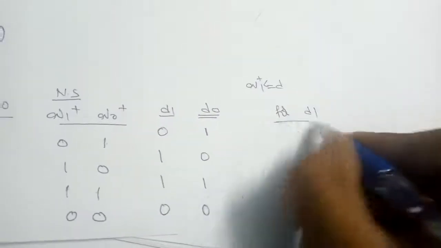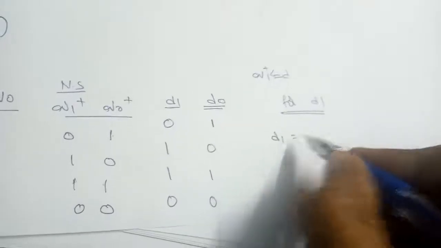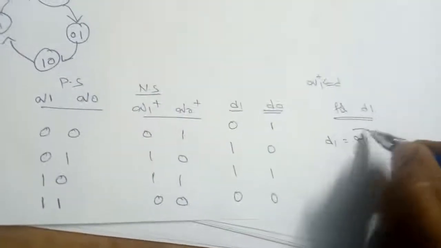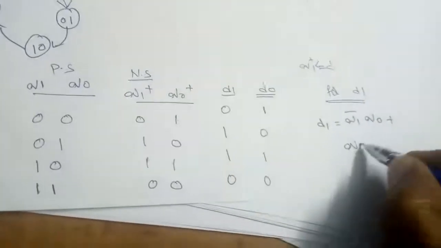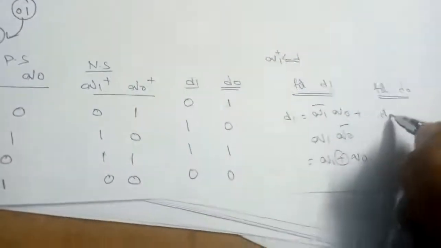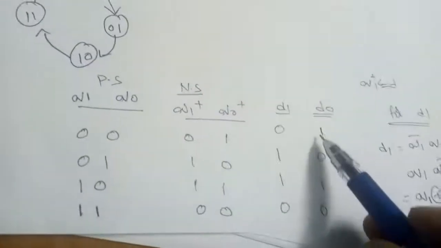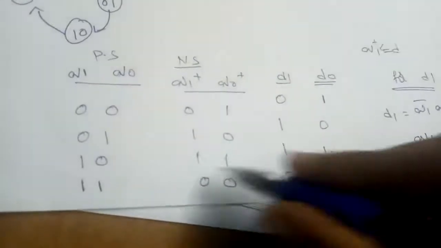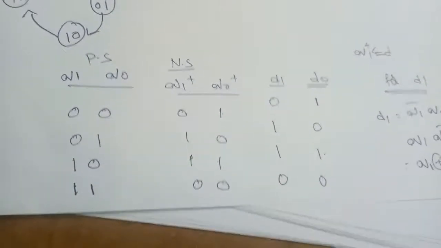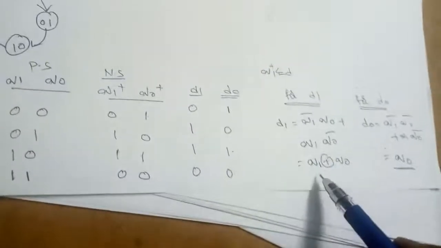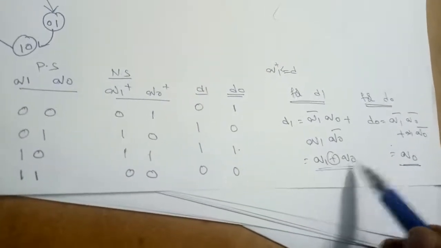For D1, in terms of Q1 and Q0, D1 is equal to Q1 bar Q0 plus Q1 Q0 bar, which is equal to Q1 XOR Q0.